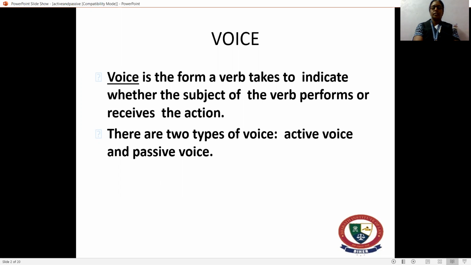Apart from this, what are the various uses of these two types of voices, that is active voice and passive voice. And we'll also see the basic rules that are pertaining when we change it from one type to another, that is from active to passive or vice versa. These are all the things that we are going to discuss in this presentation.